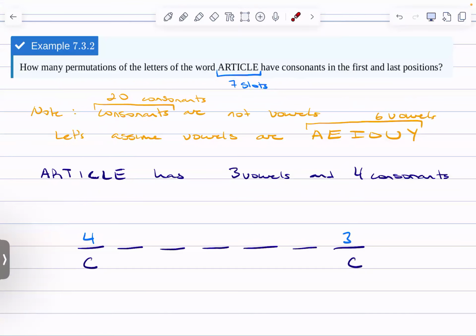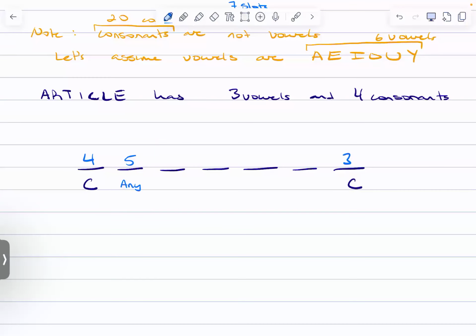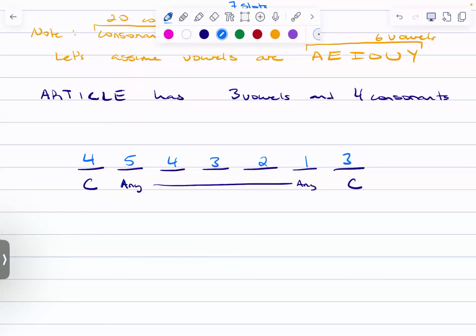So now I can just start with any number here. If I've used up 1, then I can move on. 4, 5, 4, 3, 2, and then my last letter can go there.